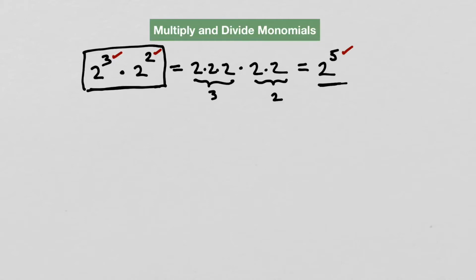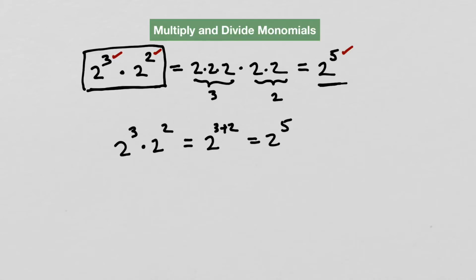Hopefully you see a pattern and you realize that 3 plus 2 is equal to 5, right? So what that means is, if I were to write this problem again, 2 to the 3rd times 2 to the 2nd, that is equal to 2 to the 3 plus 2, which is equal to 2 to the 5th.